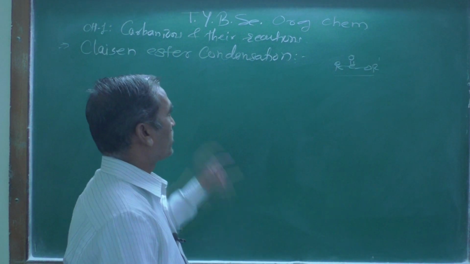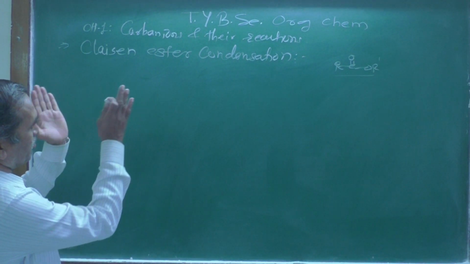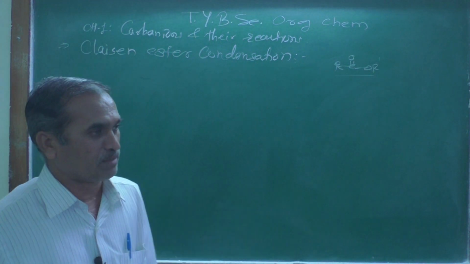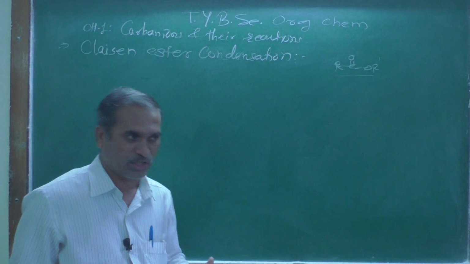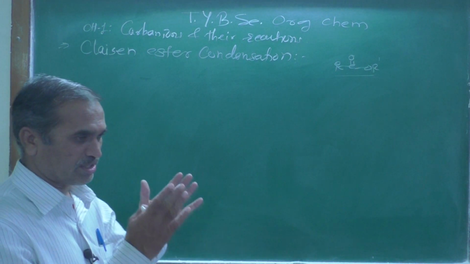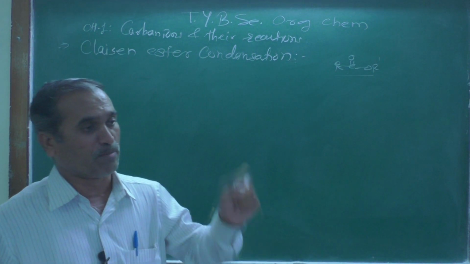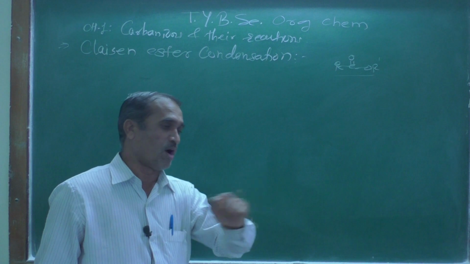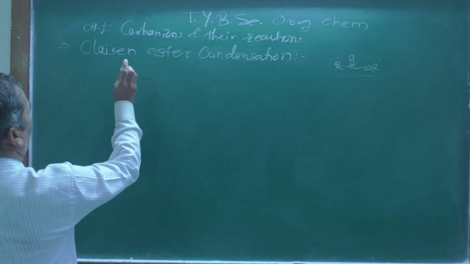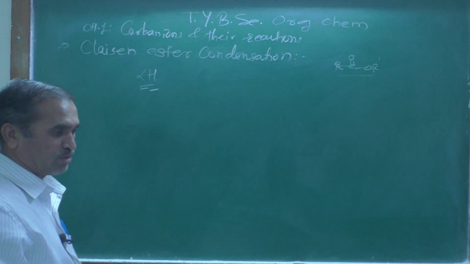Similar to the aldol condensation reaction, the criteria first: the compound should be an ester. In aldol we take a carbonyl compound, maybe an aldehyde or a ketone, but here the starting compound or reactant must be an ester. Which kind of ester? It must have at least 2 alpha hydrogen atoms.